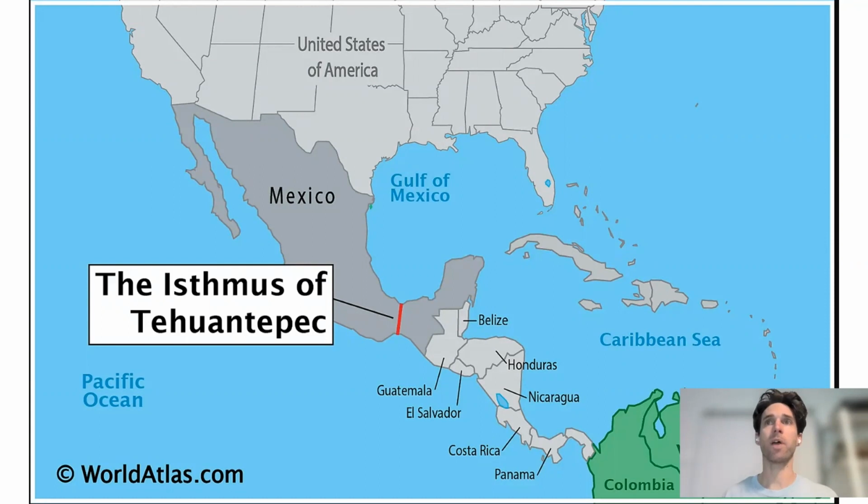And for that reason, it's crucial to spend time and effort and energy understanding who these people were and the things that they made and what we have left. Their heartland, where their center is, is the Isthmus of Tehuantepec, the narrowest place within Mexico's borders between the Gulf of Mexico and the Pacific Ocean.